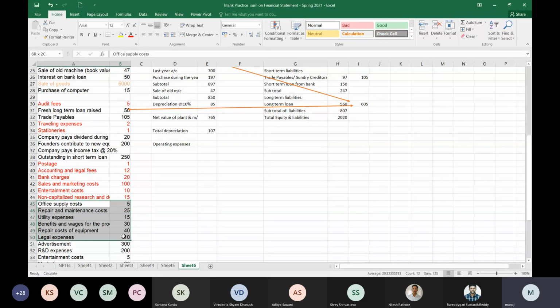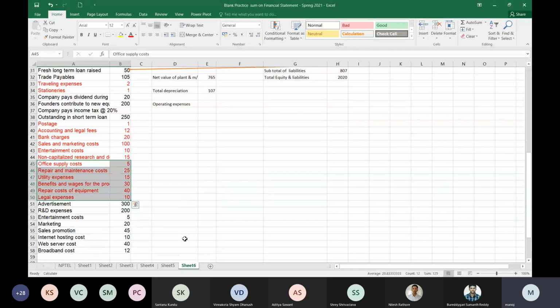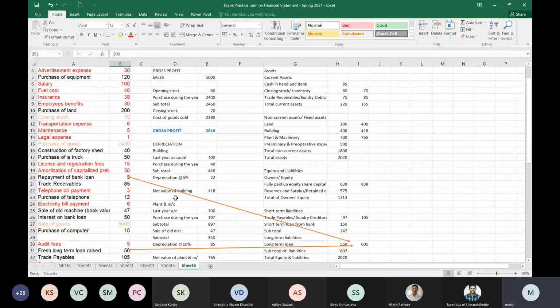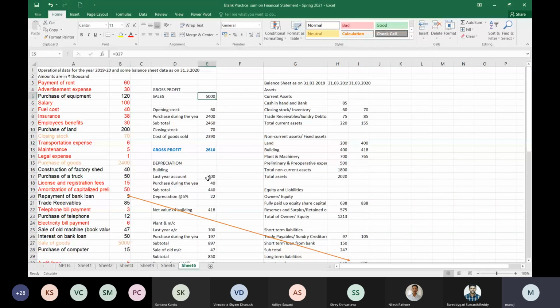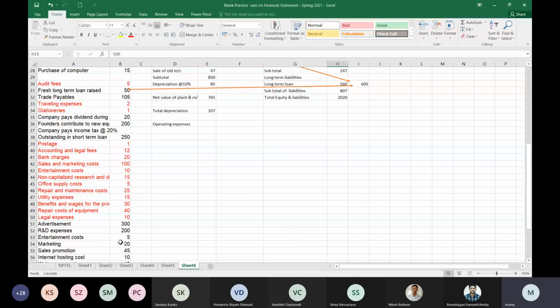Advertisement again. See, this advertisement expense is substantial. Now it is your decision whether to amortize or to allow in the year. Now 300 compared to 5,000 rupees seems to be quite high, right? At least compared to preliminary pre-operative, that is 500. So this is also 300. So you may like to amortize this.